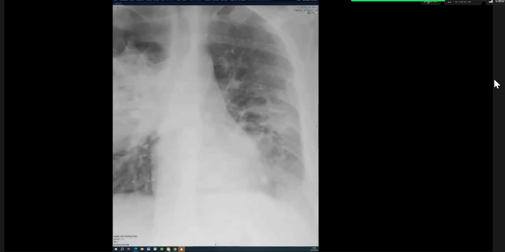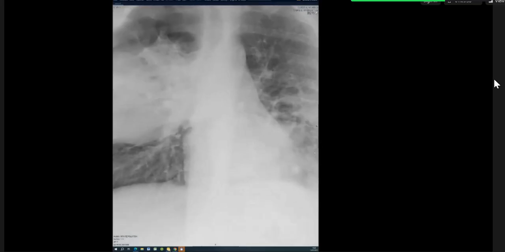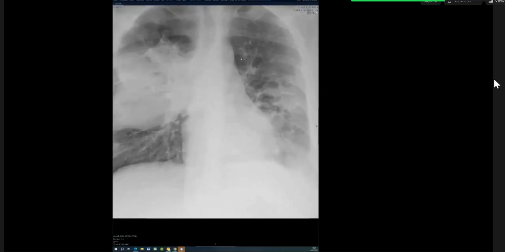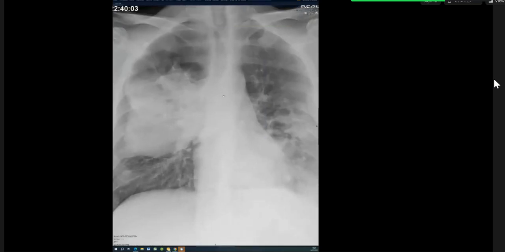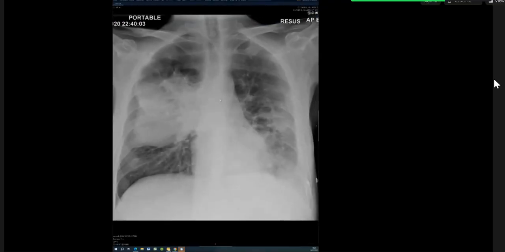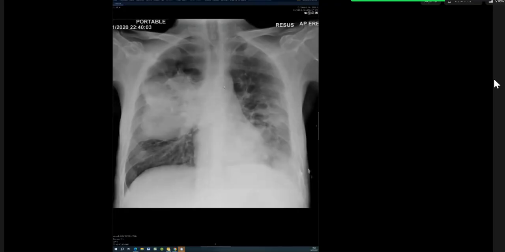Do you see anything behind the heart? The window is a bit soft for me, but I can detect, yes, maybe multiple opacities in the retrocardiac shadow on the left side. I just need to modify the window, but I can see multiple nodules, I think so. Multiple nodules in the left retrocardiac region.